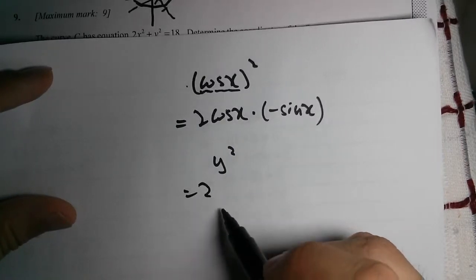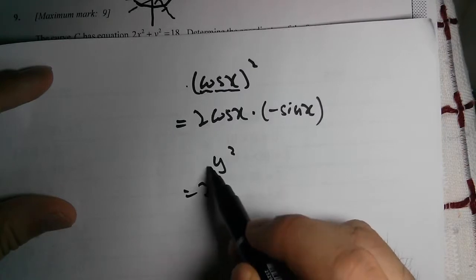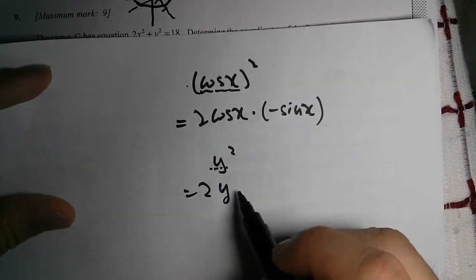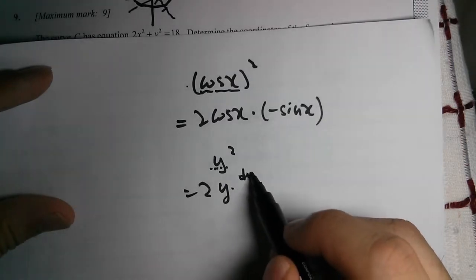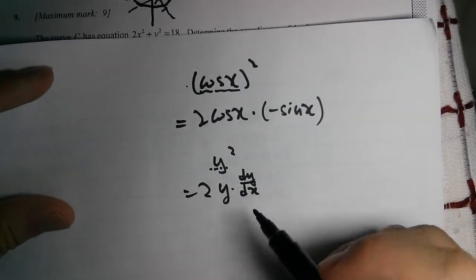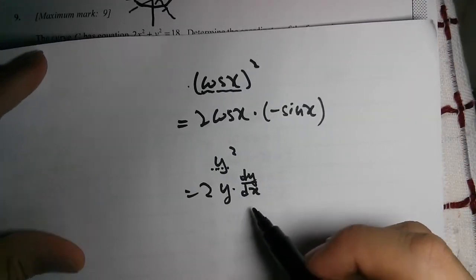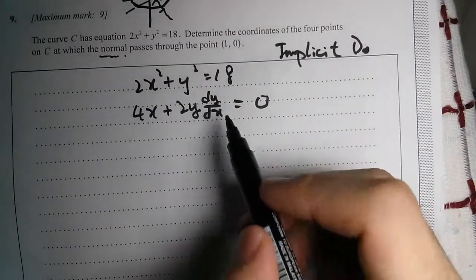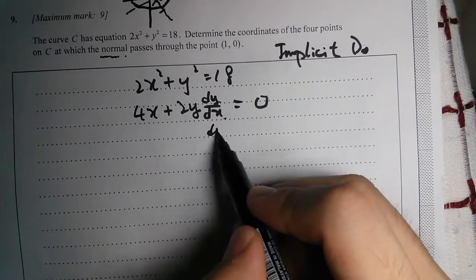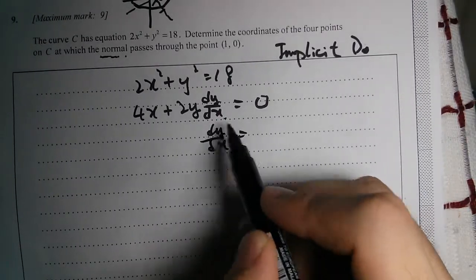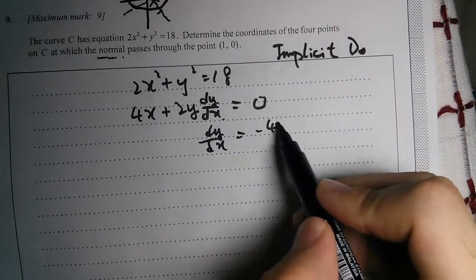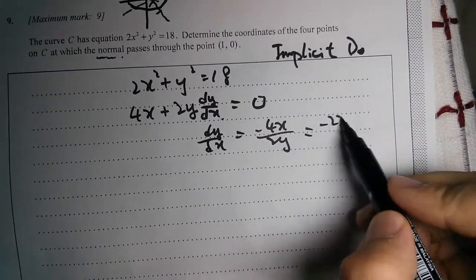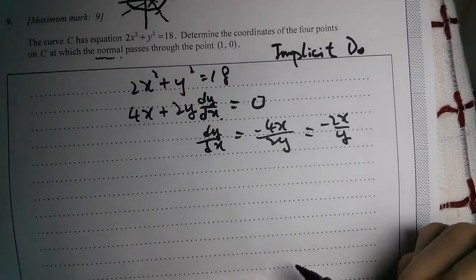You drop the 2, y, and then you are supposed to differentiate y, except you really can't because you don't know what y is. So you're stuck with writing dy/dx, saying, well, I wanted to differentiate it, but I can't. So for implicit differentiation, the next step is to isolate this dy/dx. So dy/dx equals minus 4x divided by 2y, which is negative 2x over y.